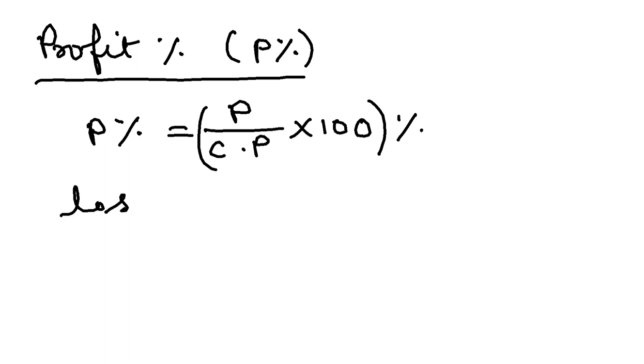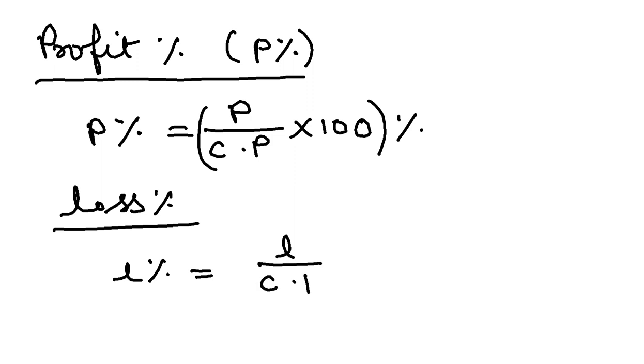Similarly, the formula for loss percentage is loss by CP into 100%. Okay, now please be careful. Profit percentage and loss percentage are always calculated on the basis of CP. There is no role of SP here.